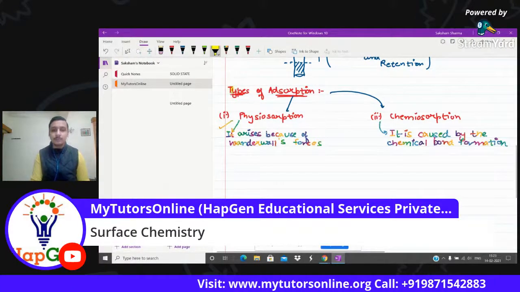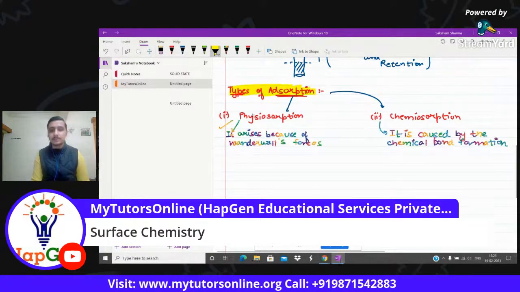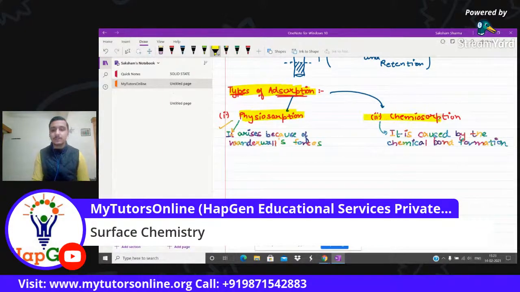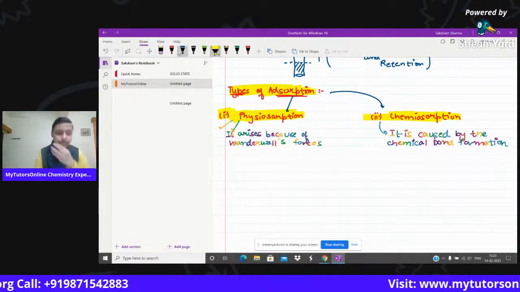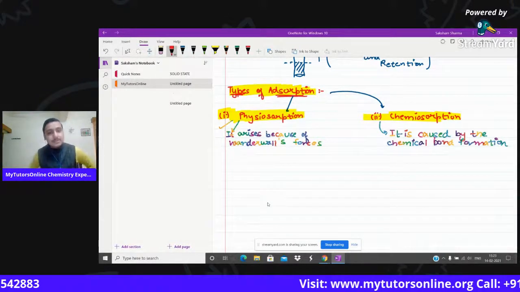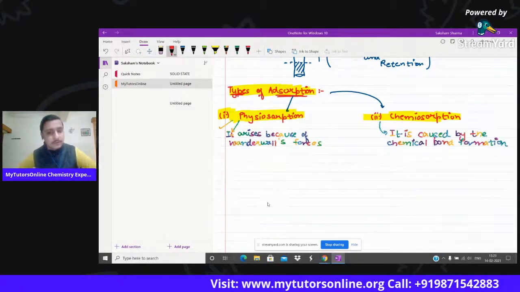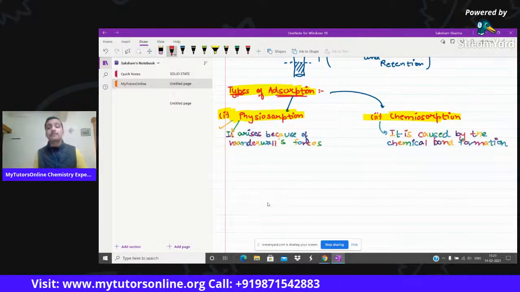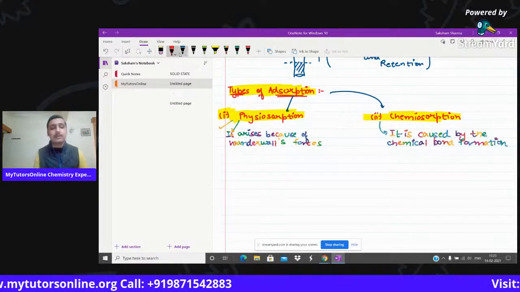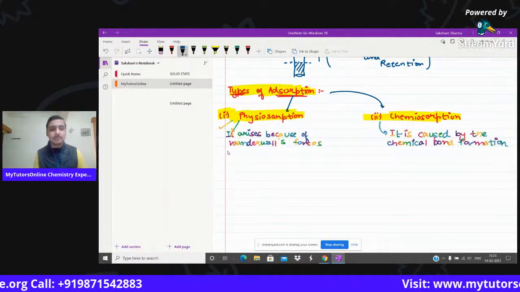Now we are discussing types of adsorption. The first type is physisorption and the second type is chemisorption. As I've told you, physisorption arises because of van der Waals forces. Chemisorption arises because of chemical bond formation. So this is the very basic difference between these two.